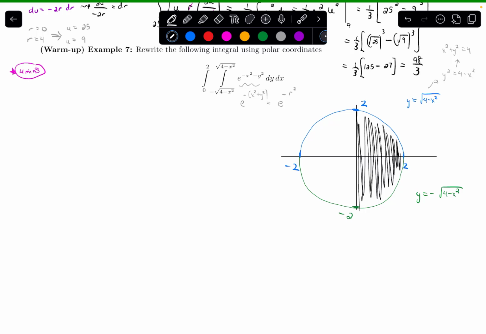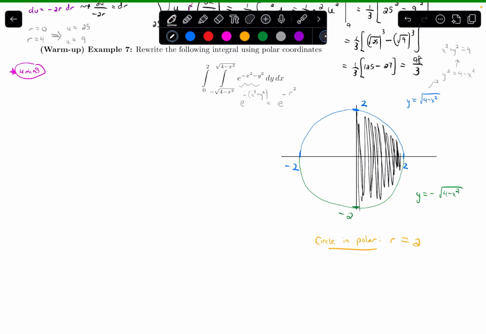So if I want to convert this thing to polar coordinates, one of the other tip-offs is that circular regions are super nice in polar form. So my circle equation in polar coordinates, remember, it's going to be r equals, well, what's the radius of that circle? It's 2. And that's just a super simple equation in polar form.